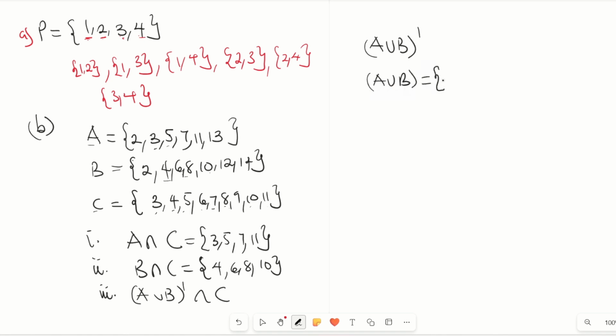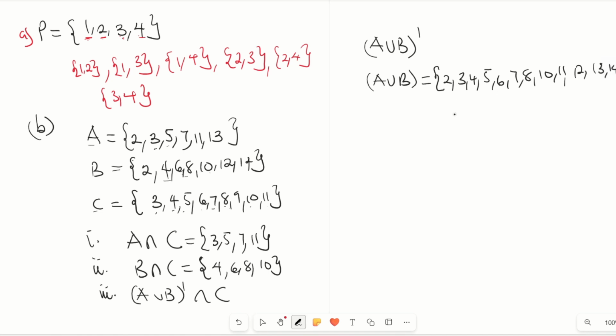We need to put both A and B together, right? So we have 2, 3, 4, 5, 6, 7, 8, 10 and 11, we have 12, and then we have 13 and 14. So this is A union B.